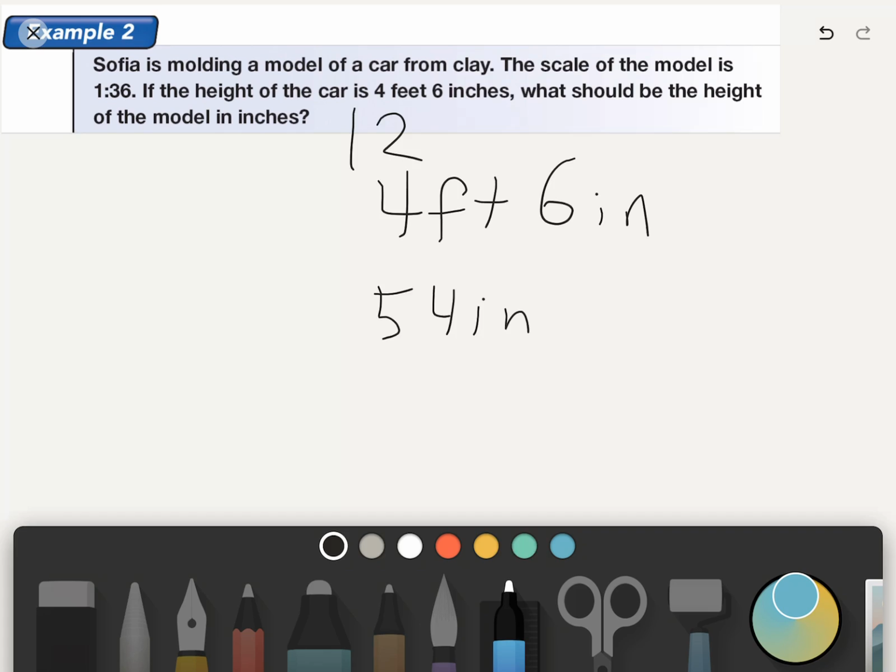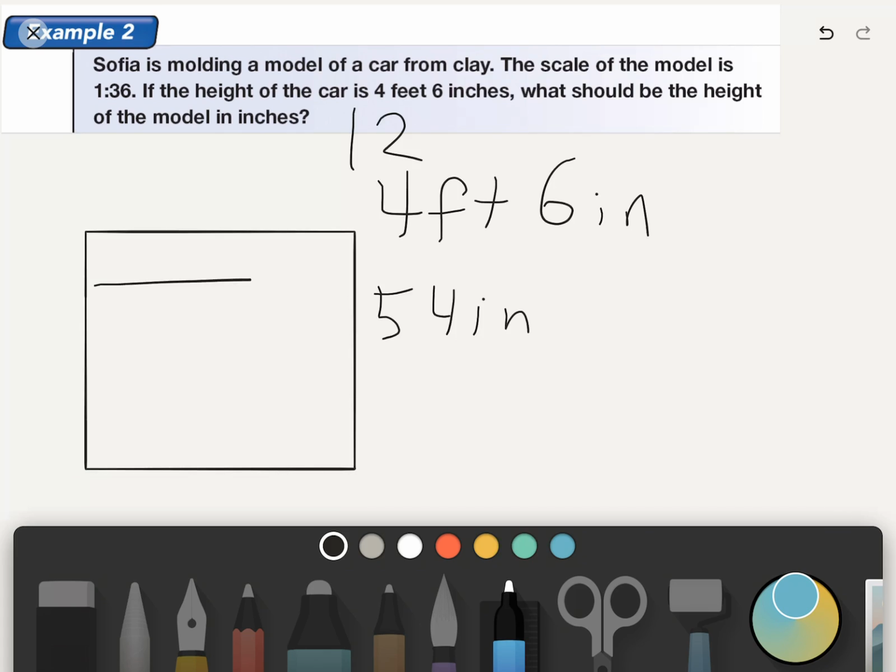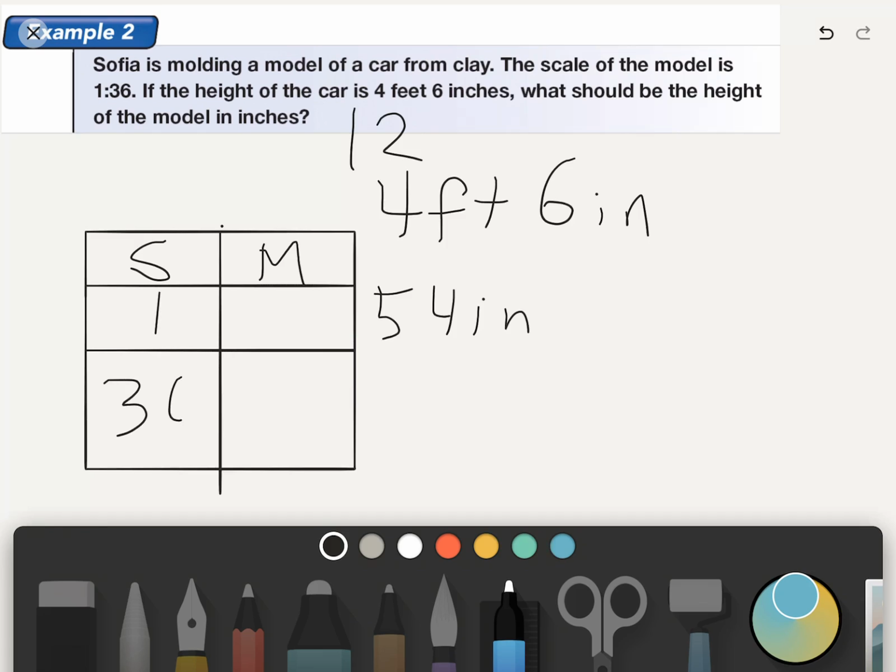And so maybe I'll just draw a ratio box here. We'll say S for scale, M for measure. And so we know that our scale is 1 to 36. And our measure is, we're not sure about that, but it's 54.